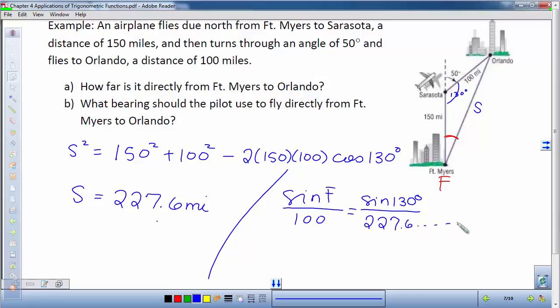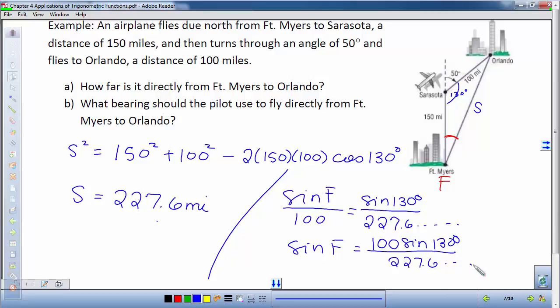Okay, all the bits and pieces. So we get sine F equals 100 times sine 130 degrees over 227.6.